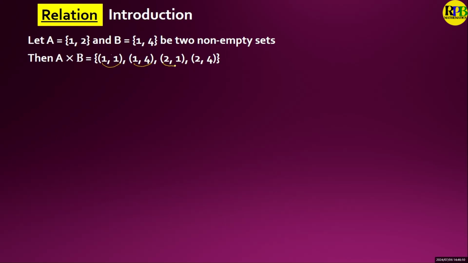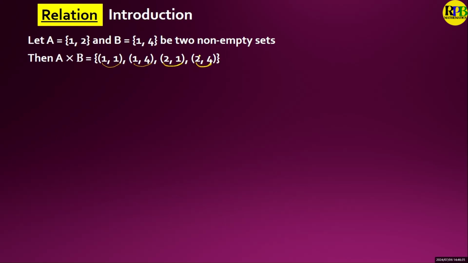Similarly, between these two numbers 2 and 1, in this ordered pair also you will get relations between 2 and 1, and in this ordered pair also you will get relations between 2 and 4.